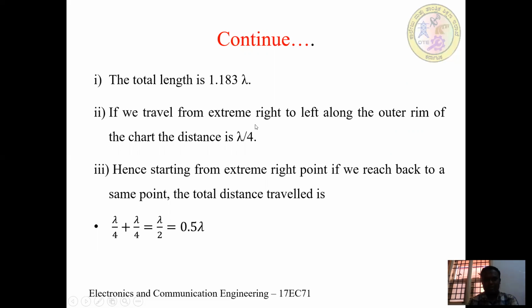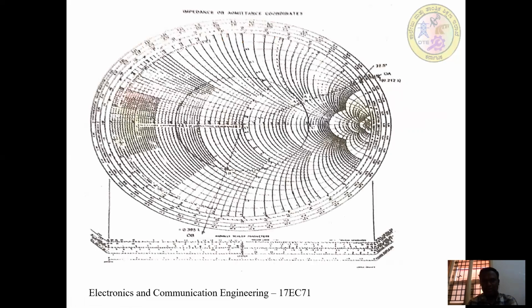If you travel from extreme right to left along the outer rim of the chart, the distance is lambda by 4. Then starting from the extreme right point, if you reach back to the same point, you need to travel back to the right, to the left, a distance of lambda by 4 again.